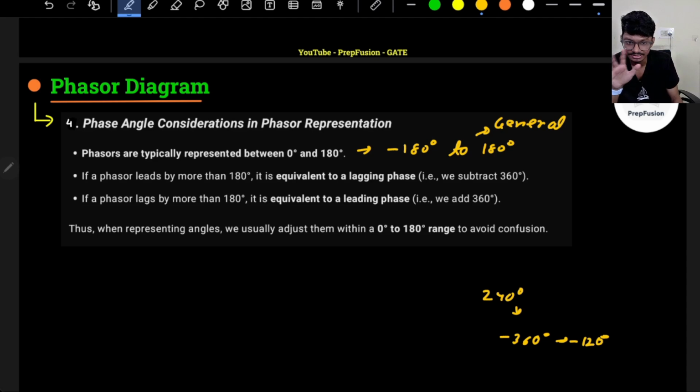It is nothing certain, just for our own convenience, because if I subtract 360 or add 360, it does not matter, as I come back to the same point on the same circle. So that is one thing that I wanted to mention here.